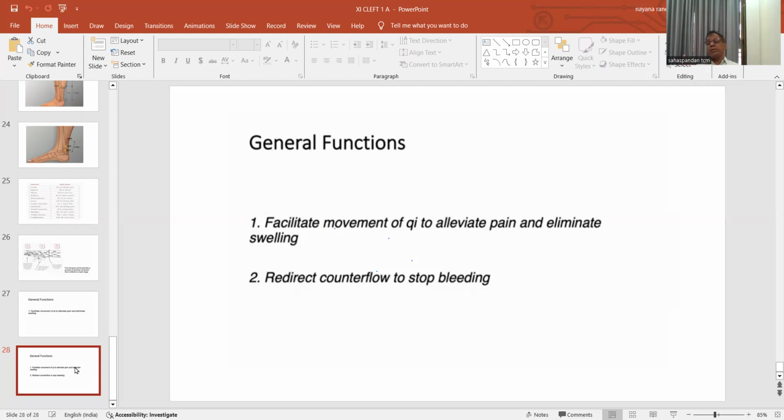Xi-cleft points can be used to unblock the circulation, reduce stasis, and slow the rate of bleeding.